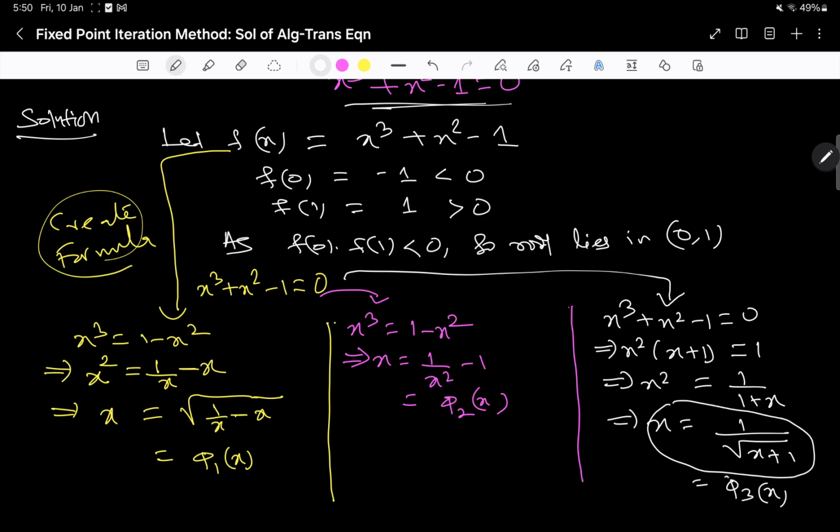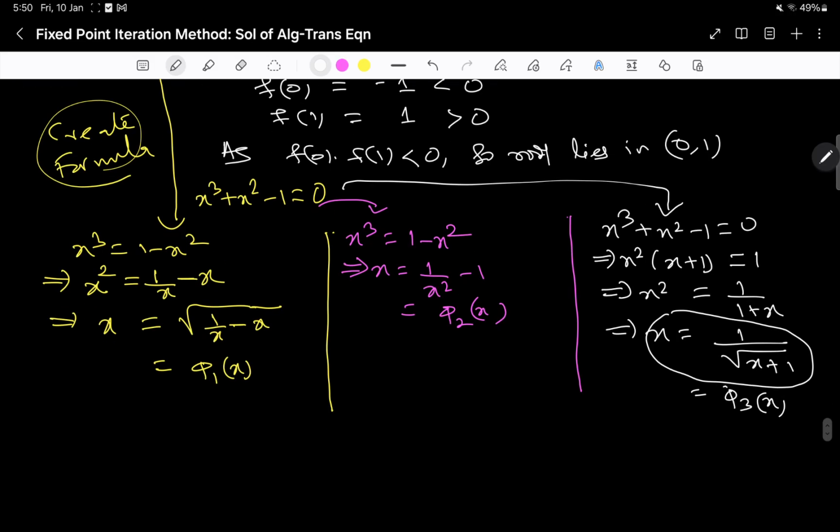Now out of this, which one is the correct formula and which will lead you to convergence? So let us now find the derivatives. The derivative of phi 2 x, that is 1 by x square, is minus 2 by x cube, taking the modulus here.